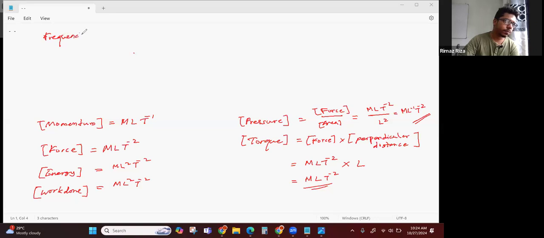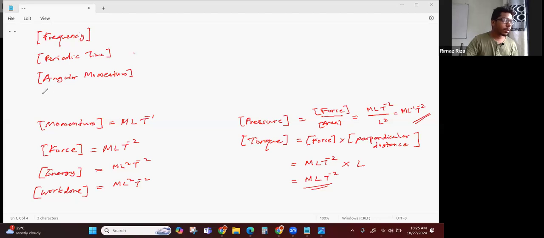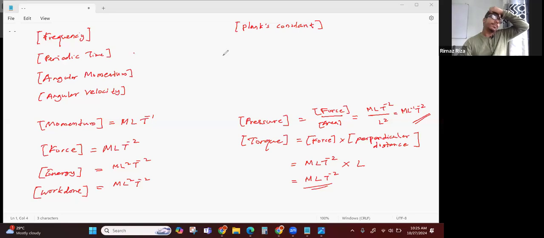Frequency, periodic time, and we have angular momentum, angular velocity, Planck constant. What else do we have?